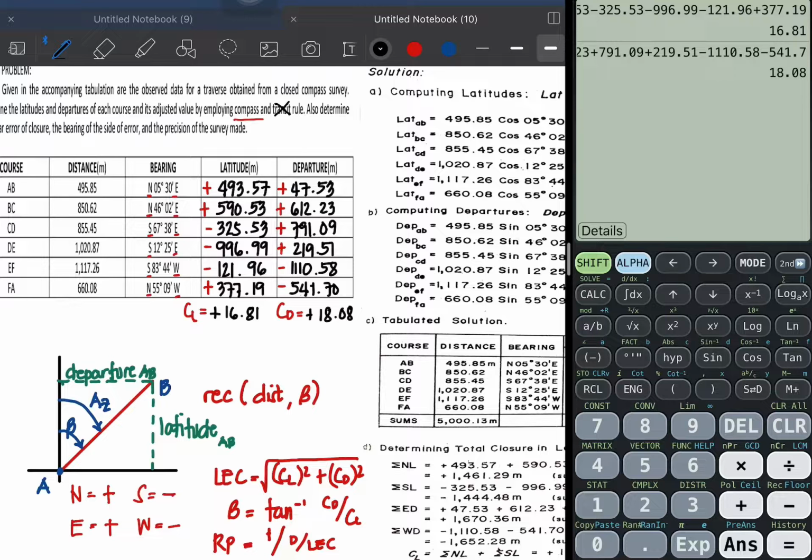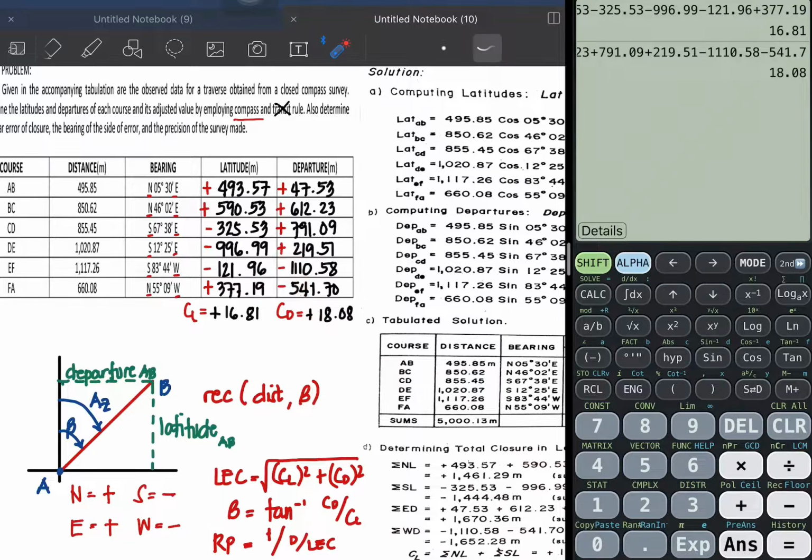So meaning the north latitude is bigger than the south latitude, since your answer is positive. And also for the departure, that is positive, so therefore your east departure is bigger than your west departure.